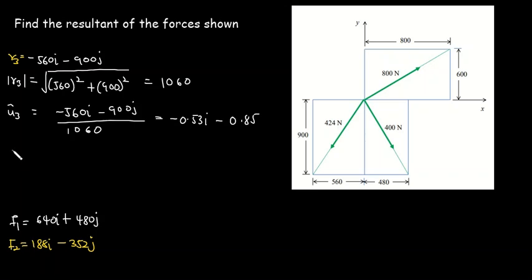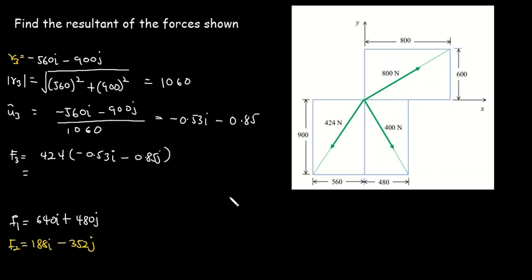So let's find the component of the 424 newton force. That would be equal to 424 multiplying the unit vector, which is minus 0.53 I minus 0.85 J. So let's simplify this.